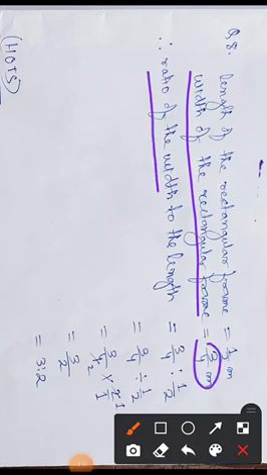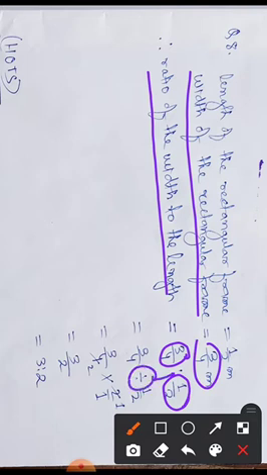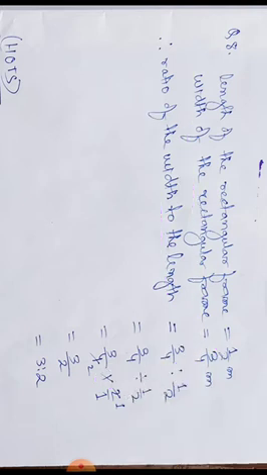Therefore the ratio of the width to the length is how much? We need to find the ratio of width to the length. So 3/4 is to 1/2. You know this will change into divide sign. Then divide will change into multiply. As soon as you change divide to multiply, we have to write this number in the reciprocal form, that is 2/1.